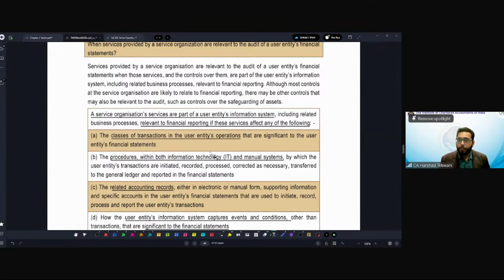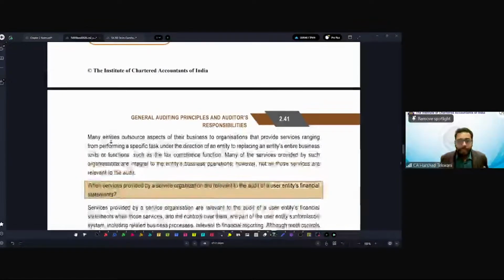So in the first scenario that you pointed out, where I'm doing a supervision or have something to complement that, my activities will be complementary in nature. That's why there is a term that we will be using in this standard: complementary controls that are there in the user entity.